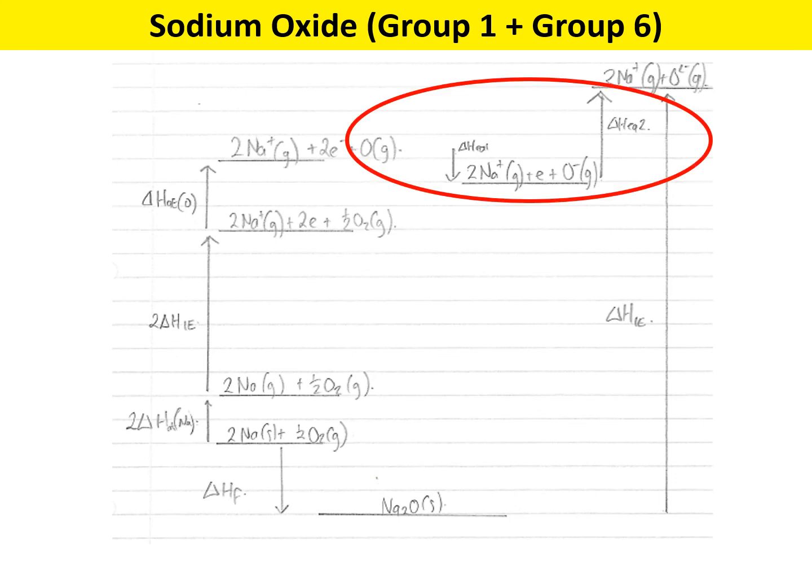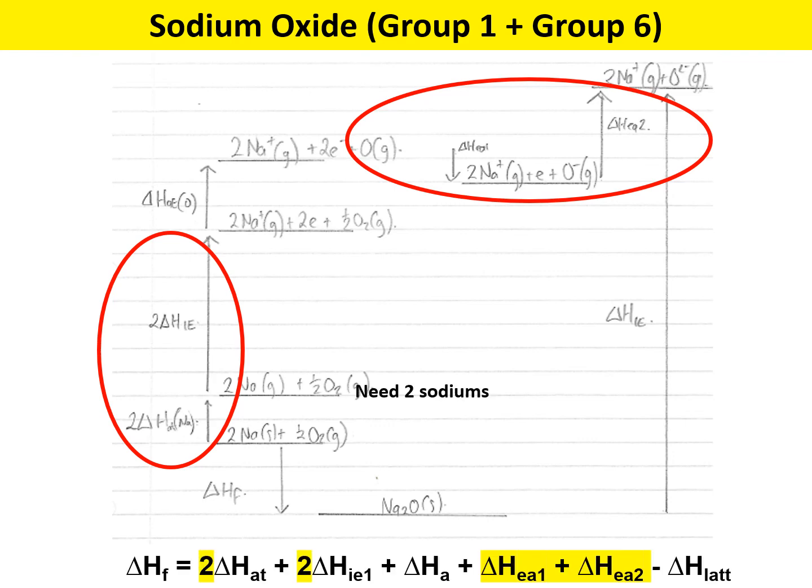This time we will have the same first electron affinity of oxygen and the second electron affinity, but because we have 2 sodium atoms in the compound, we will need to take the atomization of sodium and multiply it by 2, and we will have to take the ionization energy of sodium and multiply it by 2. And these will also be found in the overall equation.